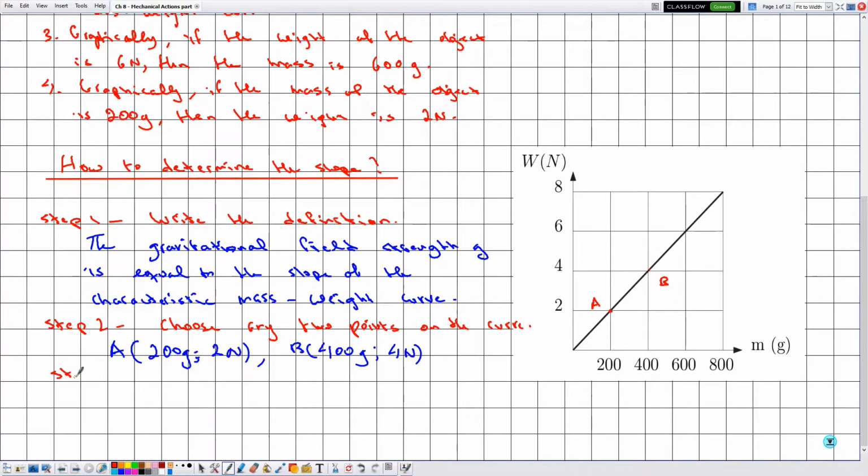Now step number 3, change the units of the chosen points to the SI.